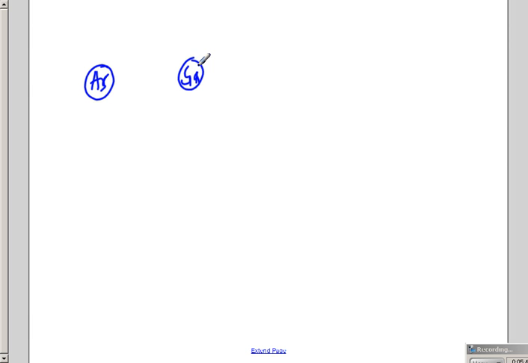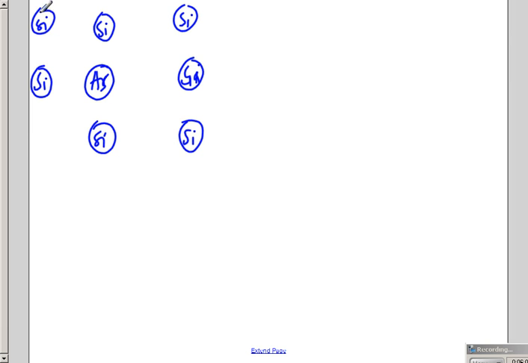Silicon is the best example of a semiconductor, and it forms covalent bonding. Silicon has 4 valence electrons, so this is how the bonding will take place.